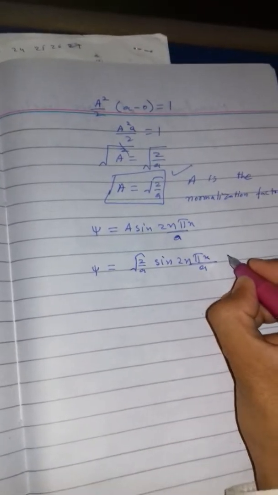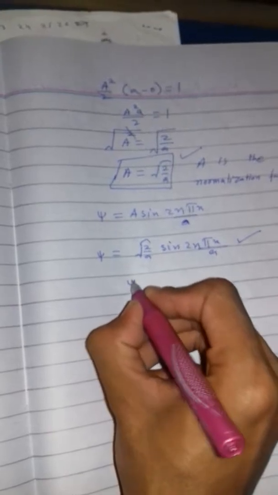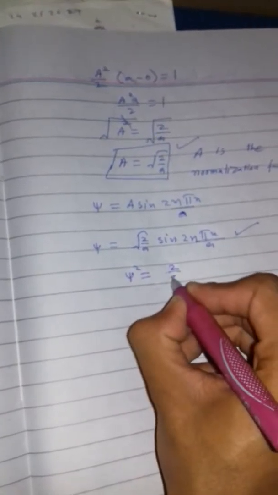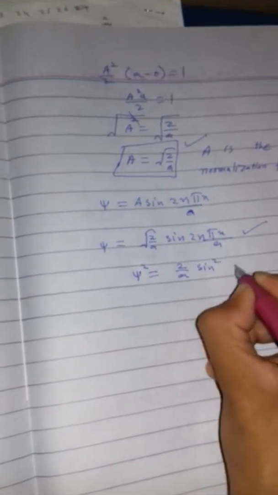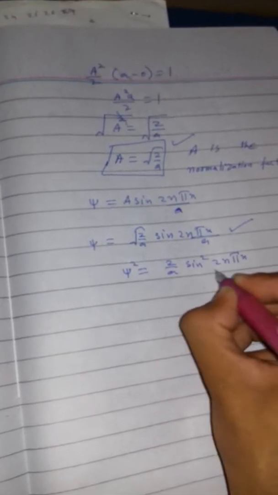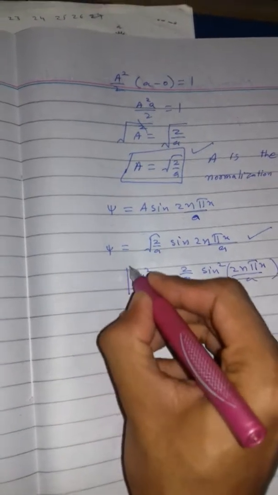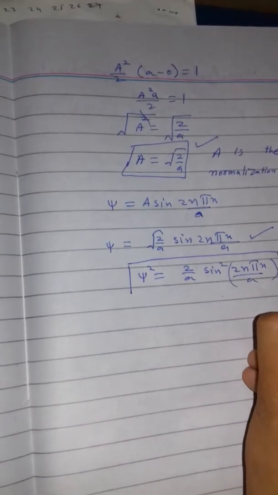Now take the square of this expression. Psi square is equal to (2/a) sin²(nπx/a). Now this is the normalization of the wave function.